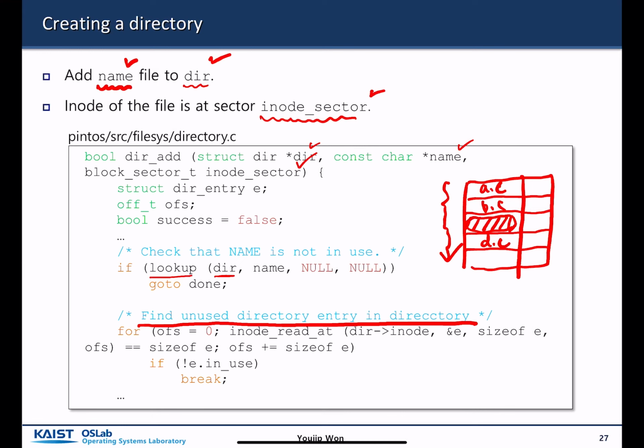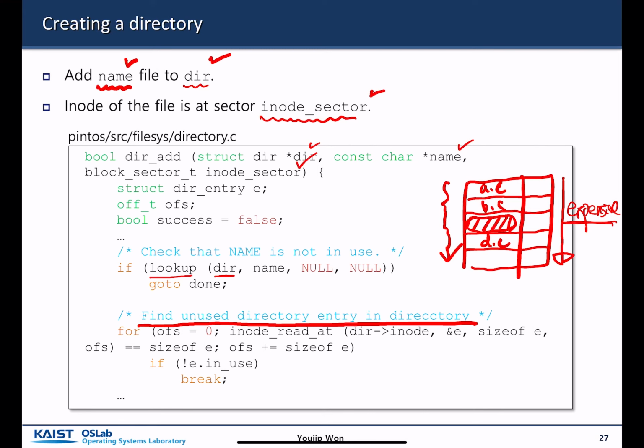What you may want to notice is that scanning the directory block is very time consuming. It's a very expensive operation. If you write an application that frequently creates files, then your file system should be very efficient in creating a file.